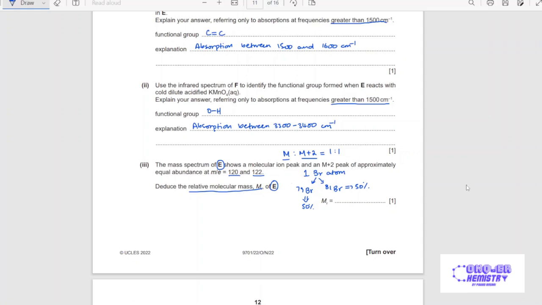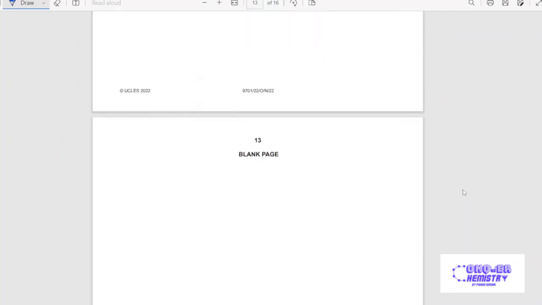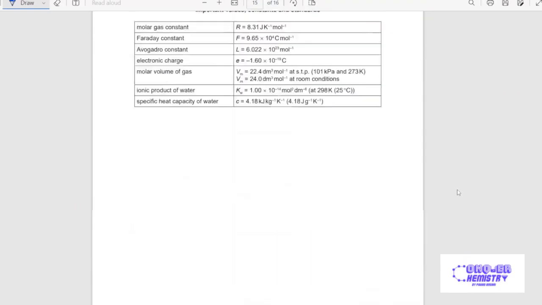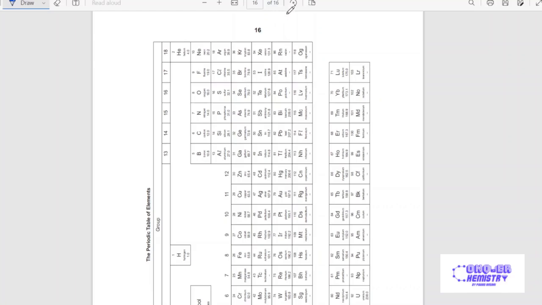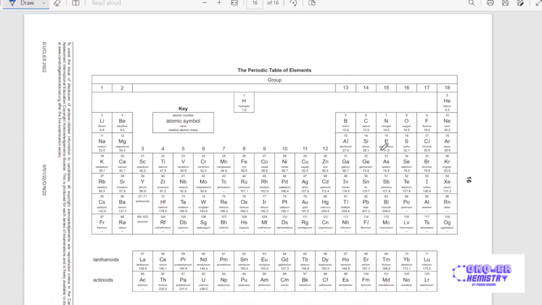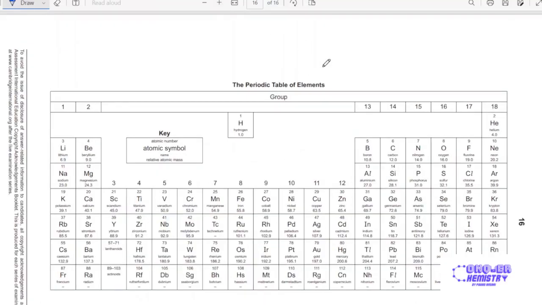Now, if I go down to the periodic table at the very end, bromine has an AR of 79.9. All right, so now we're going to use this to find the MR of E.